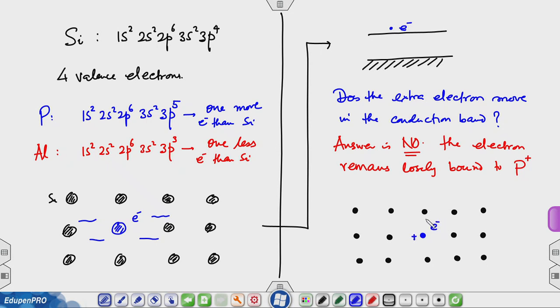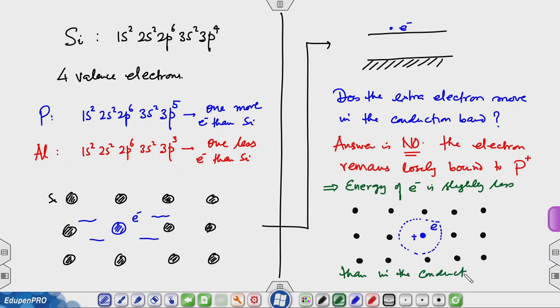So, it cannot go very far, it will kind of move around, if you look at the Bohr picture, around this ion, making a hydrogen kind of atom, and therefore, its energy is going to be slightly less than that in the conduction band. So, this implies energy of electron is slightly less than in the conduction band.